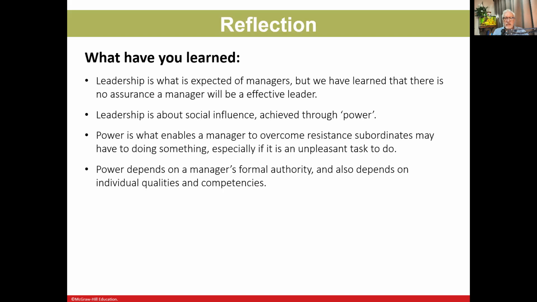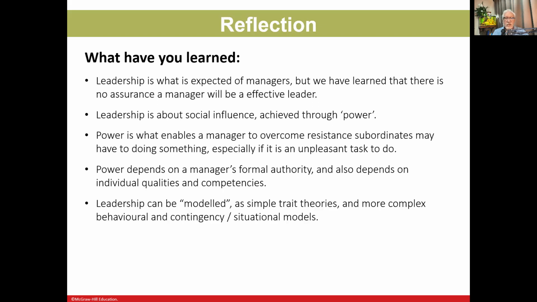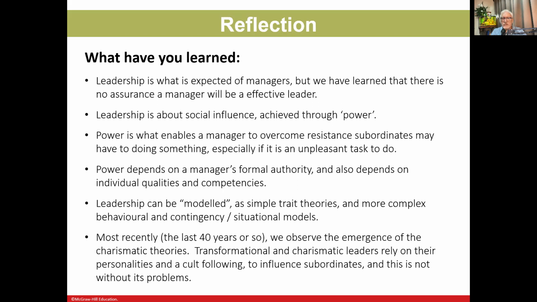The power that someone actually has in their job as a manager leader is something which is going to depend on them as a person, as well as the rank they have in the organization with regard to the positional power which they are able to wield. We also know that you can model leadership activity. We do this as the simple elementary trait theories, and then as the more complex behavioral and contingency and situational models.